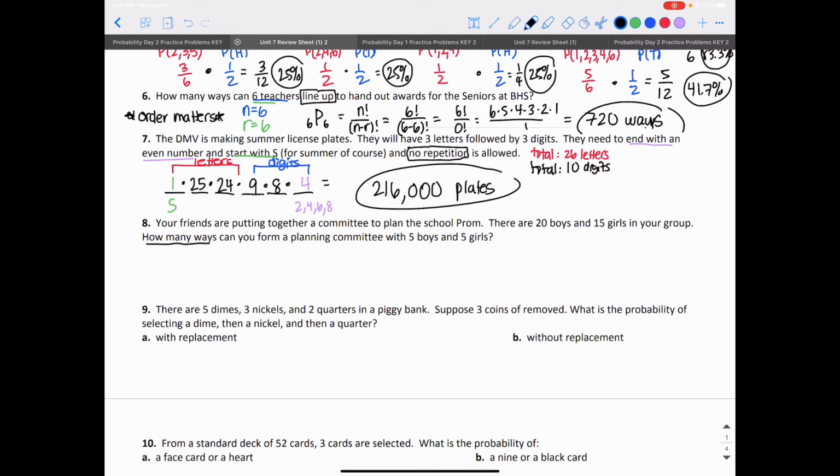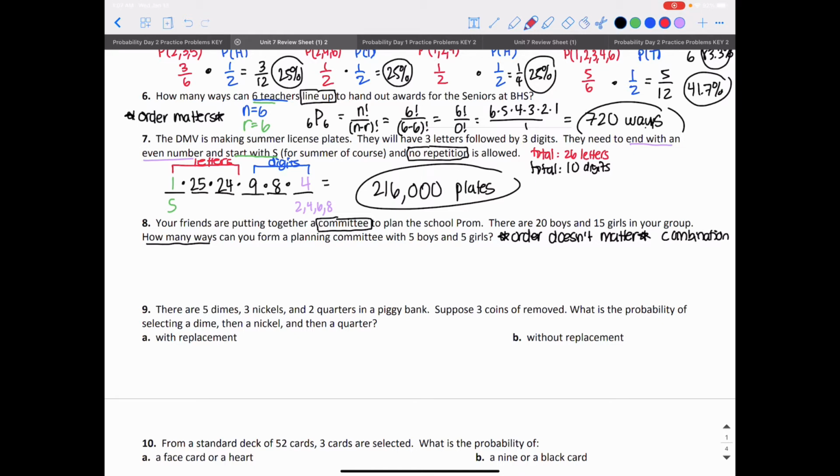And it tells me that because I see the word committee, that word means group, so I know that order is not important. Order doesn't matter, which means this is a combination. So I'm going to use a combination to find the total ways.